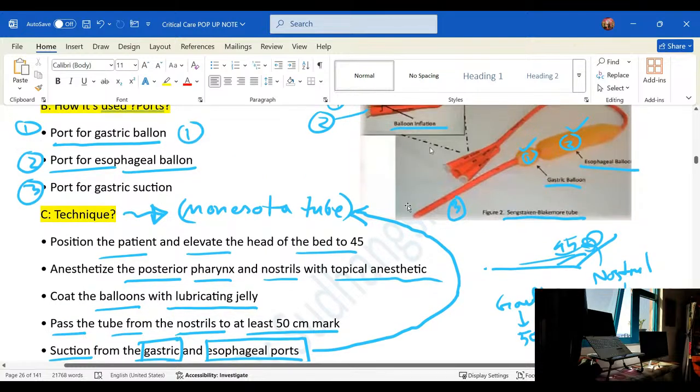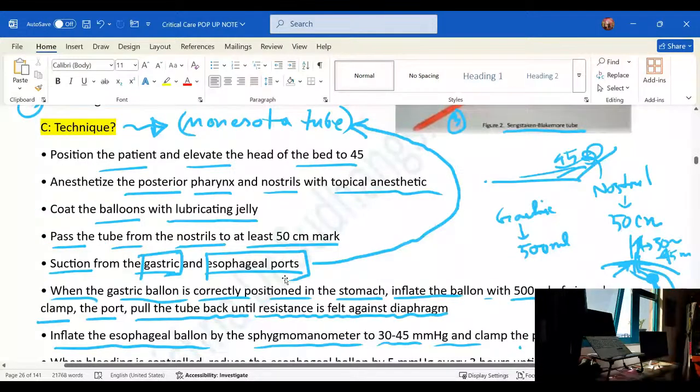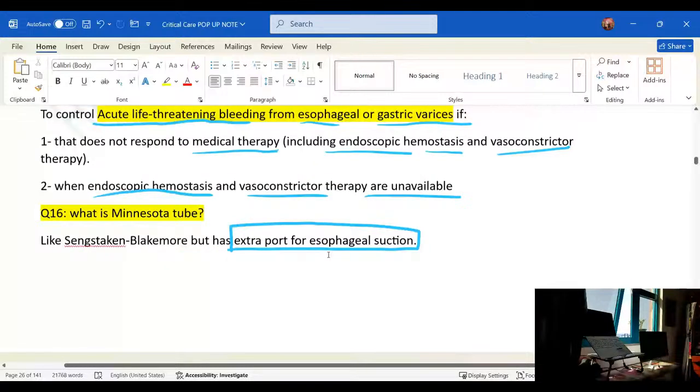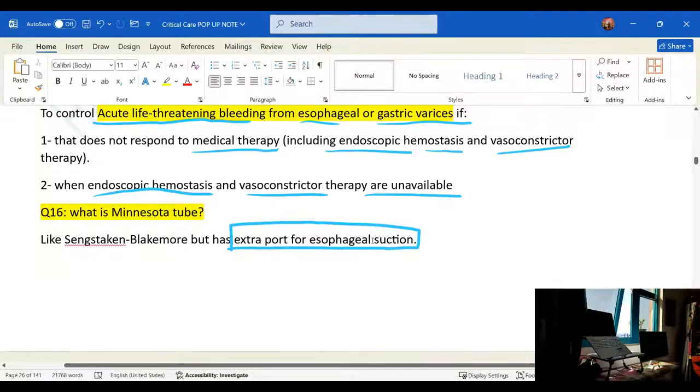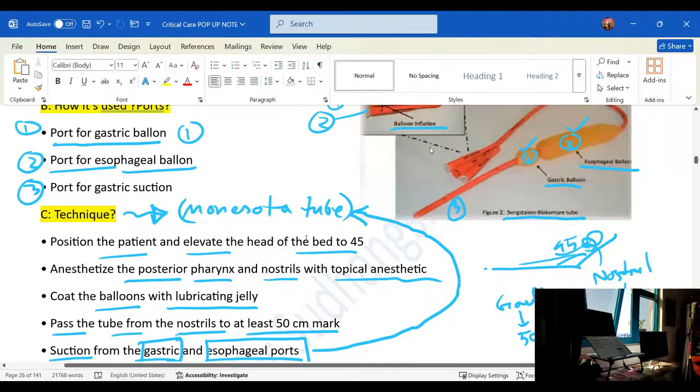See, there is no esophageal port in this tube, but here they said suction from the gastric and esophageal. If there is an esophageal port, then that will be Minnesota tube. We'll get another question, what is Minnesota tube? Like Sengstaken-Blakemore tube, with an extra port for esophageal suction. So ultimately what is written here is not for the Blakemore tube, it is for the Minnesota tube.